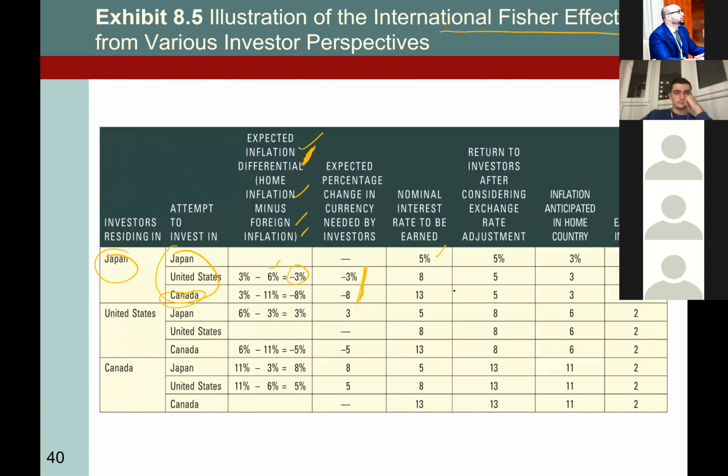And here is the nominal interest rate. In Japan, 5%. In the United States, it is 8%. In Canada, it is 13%. And you see the return to investors after considering exchange rate adjustments.